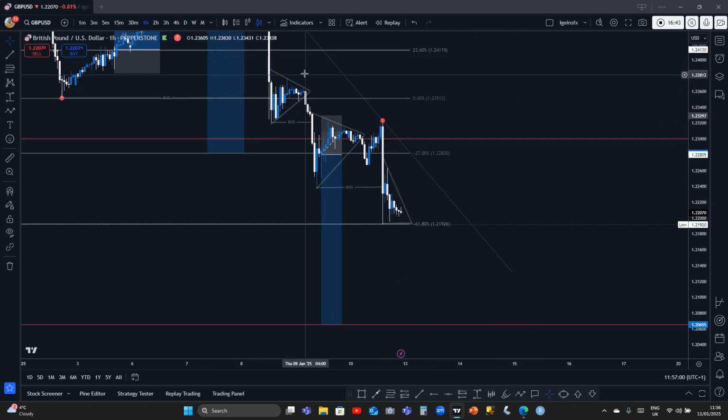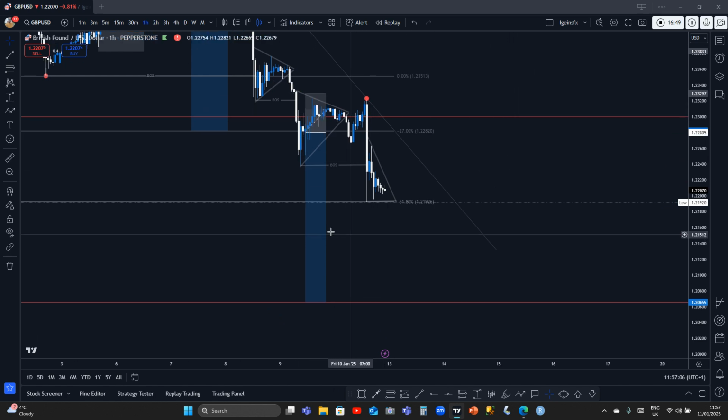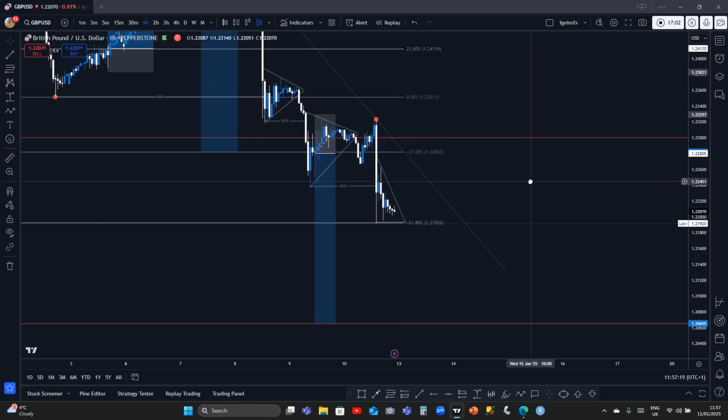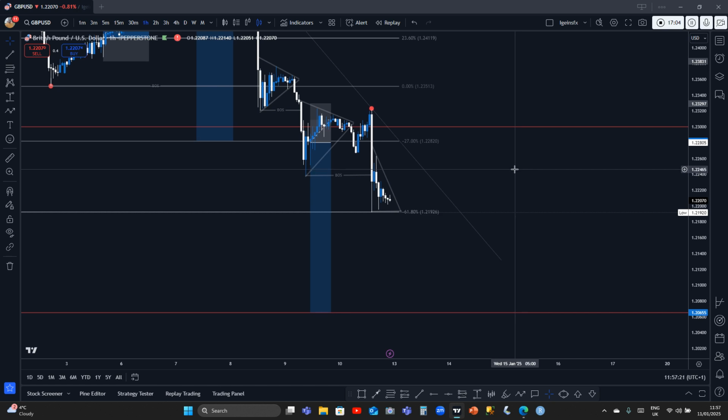Now, when I saw this ascending triangle again, I took another position from here, and you see, for the news, it hit my second TP, which is negative 61.8. And guys, you can now see this is a descending triangle.